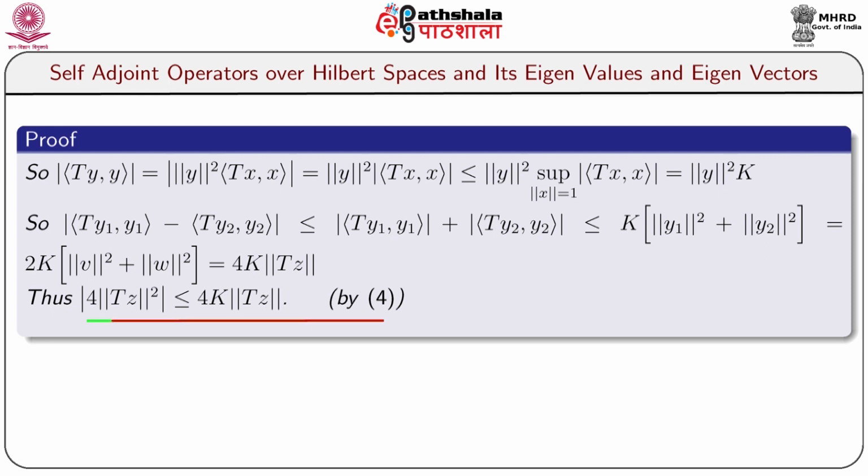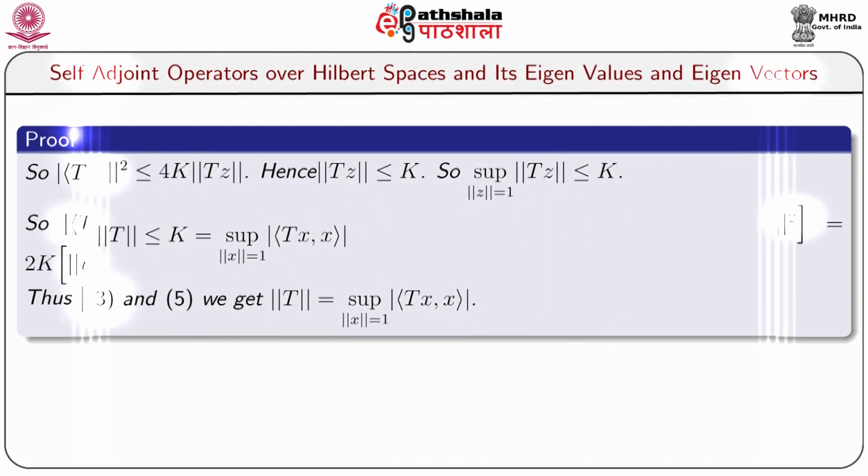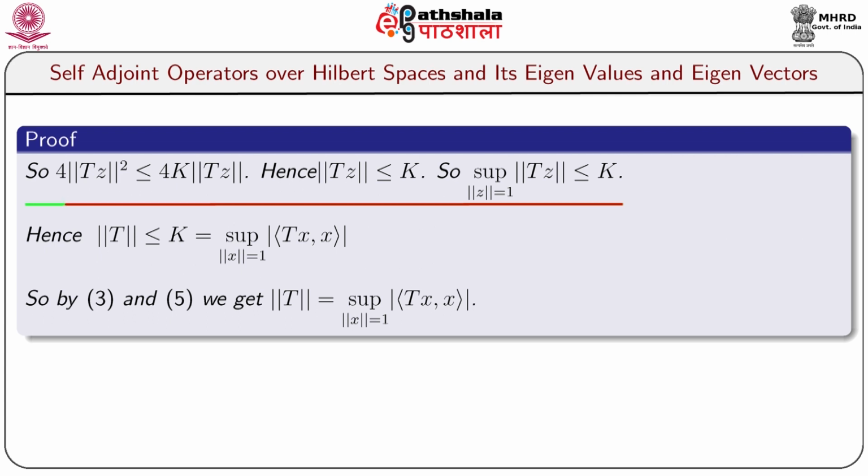Thus, 4 times norm Tz square is less than or equal to 4K times norm Tz by equation number 4. So, 4 norm Tz square is less than or equal to 4K norm Tz. Hence, norm Tz is less than or equal to K.